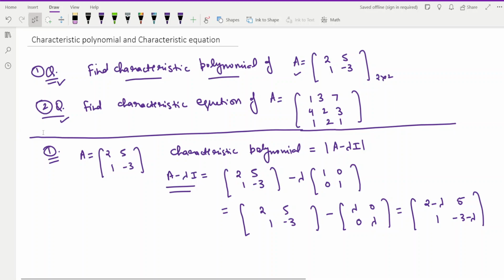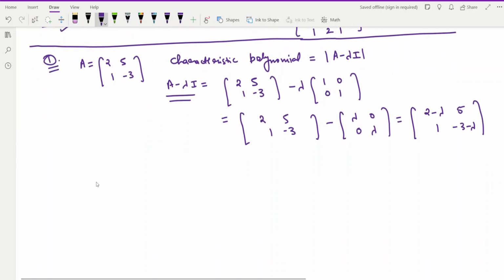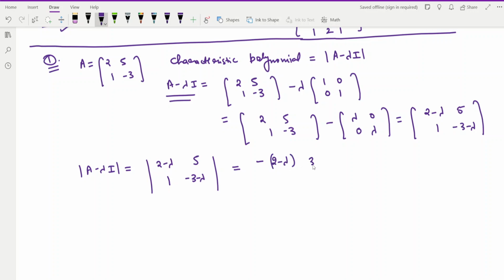If I take the determinant of this matrix, that will be the determinant of A minus lambda I. It is 2 minus lambda, 5, 1, and minus 3 minus lambda. So we will try to solve it. We will get minus (2 minus lambda)(3 plus lambda) and minus 5.